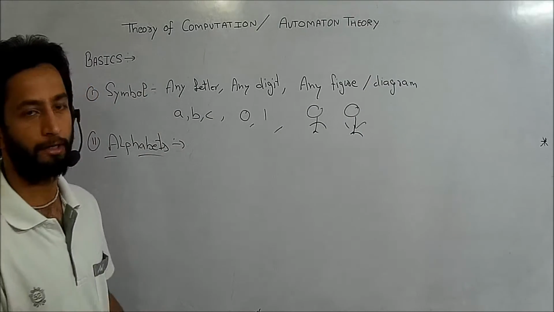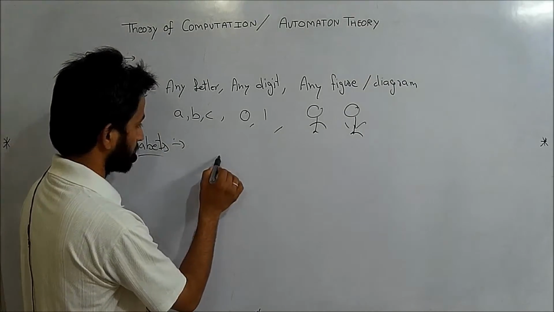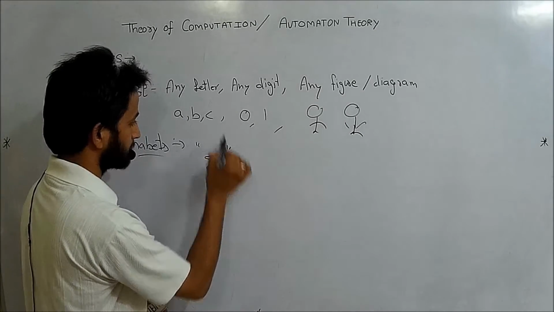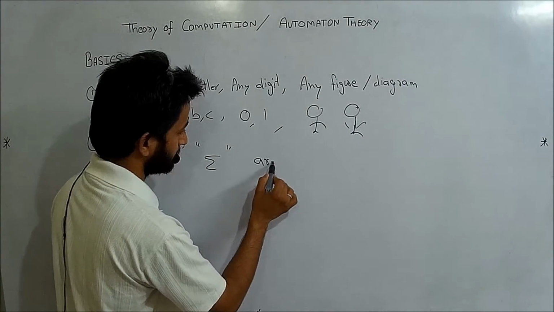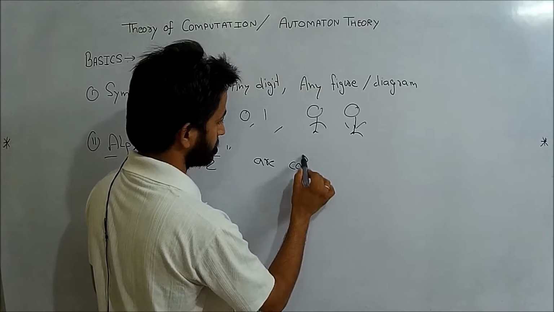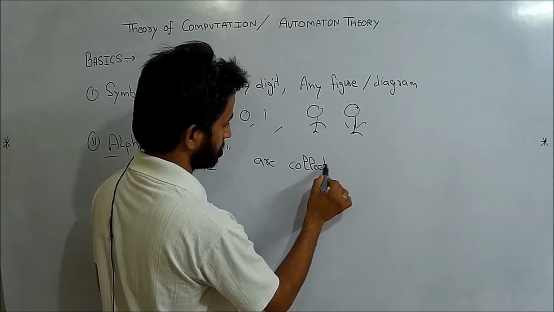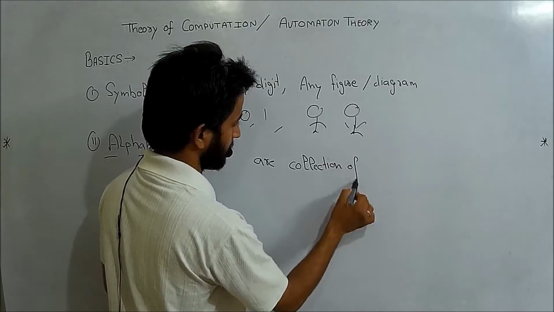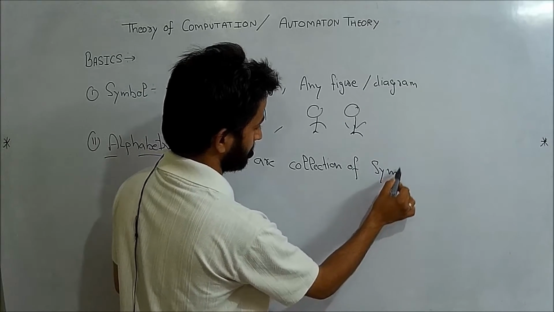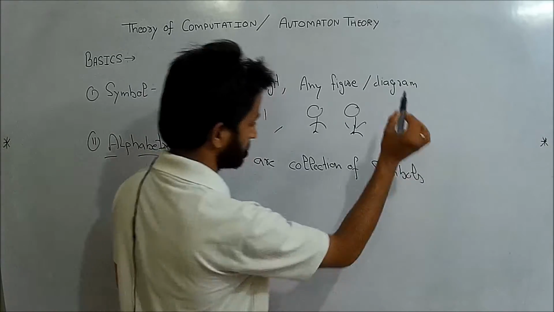These alphabets are denoted by the symbol sigma, and these are the collection of symbols.